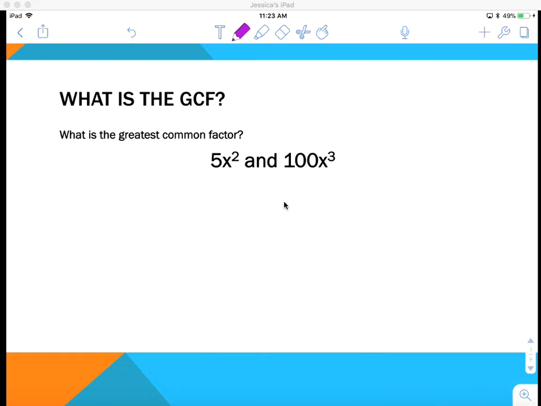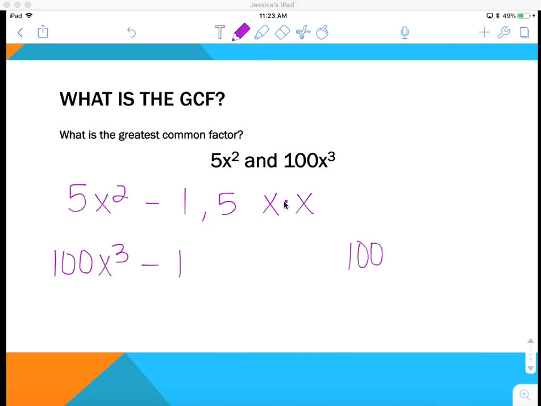Today we're going to do the exact same thing, except this time we are going to add exponents to it. So if you look at 5x squared, we can multiply 1 and 5 to get 5. And then x squared means we have x times x. For 100x cubed, we can multiply 1 and 100, 2 and 50, 4 and 25, 5 and 20, or 10 and 10.